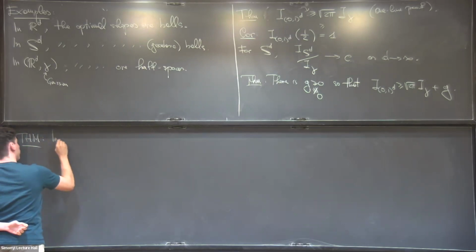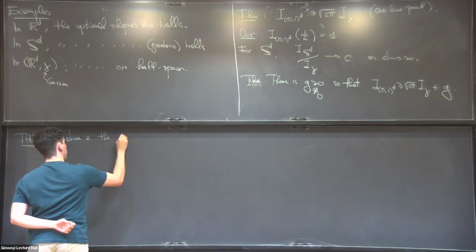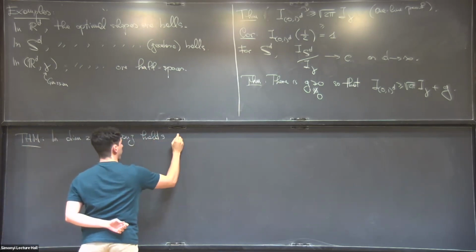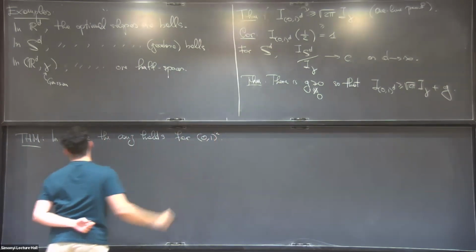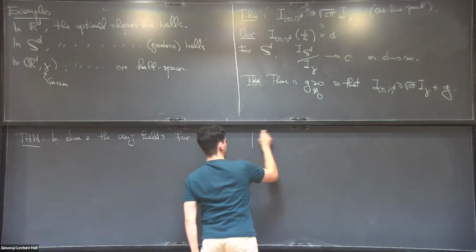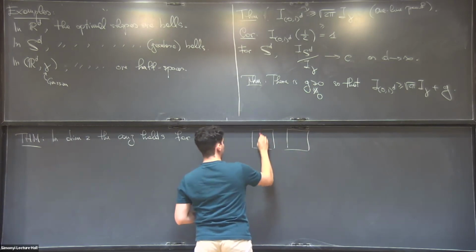In dimension 2, the conjecture holds for the square. So, if you want to split a square by using the shortest possible lines, the best thing you can do is to either use a line parallel to an edge or a circumference around a vertex. So the only two options are this one or this one.